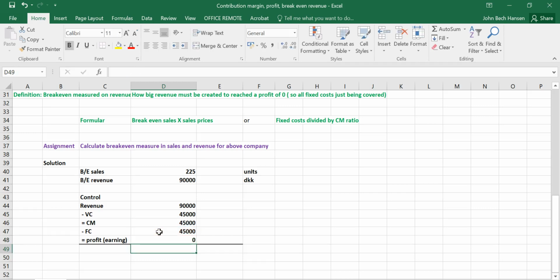So when we sell 225 units and have a revenue of 90,000, we will have a break-even profit. So that is the break-even sales and the break-even revenue and the contribution margin, fixed cost, variable costs, all very important terms that we will work with in planning the profit making in any business.